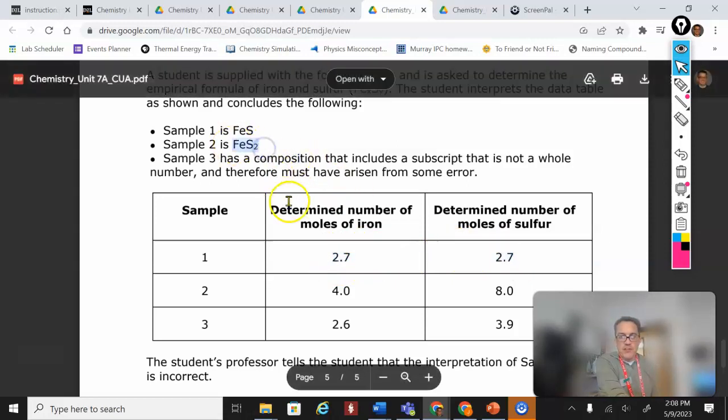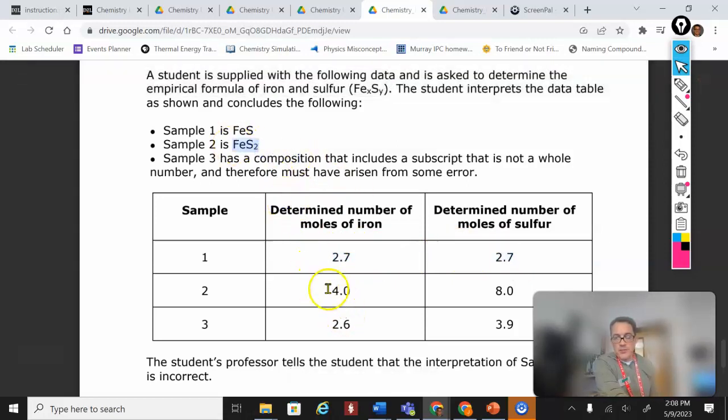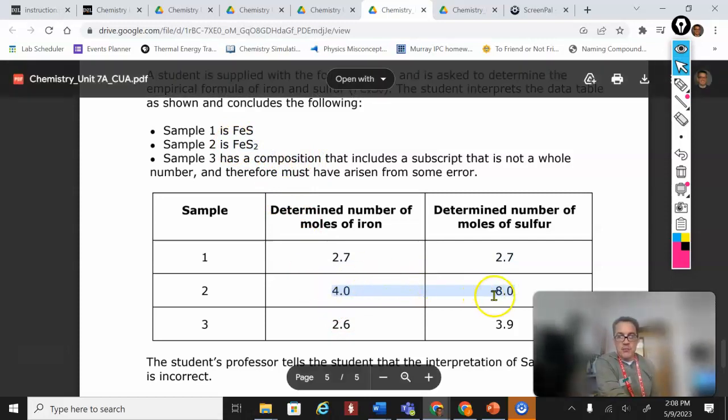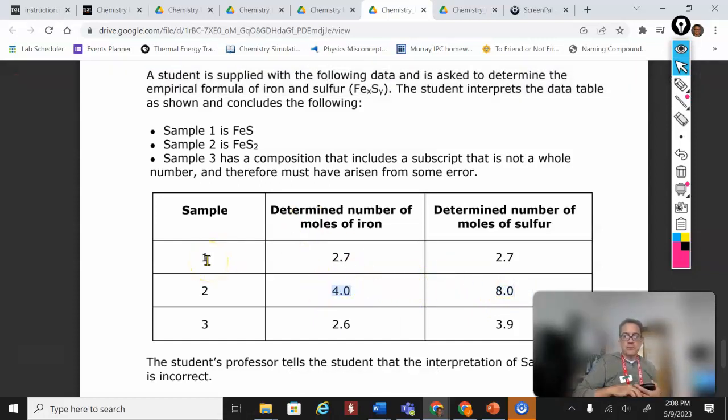Sample 2 is Fe, one iron, 2 sulfurs, and if you look at your ratio, there's 4 moles and 8 moles. Well, this is twice the number of moles as we have here. And so that's why we end up getting the formula of FeS2, because for every one of these, I need 2 of this one. Up here, for every one of these, I would have 1 of these.